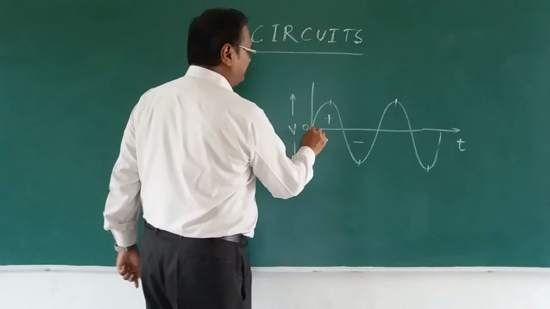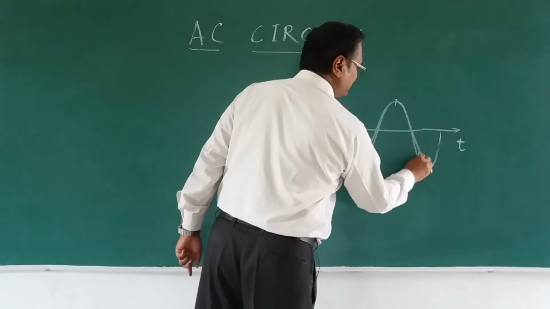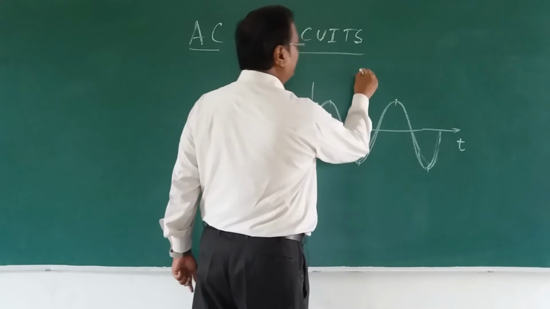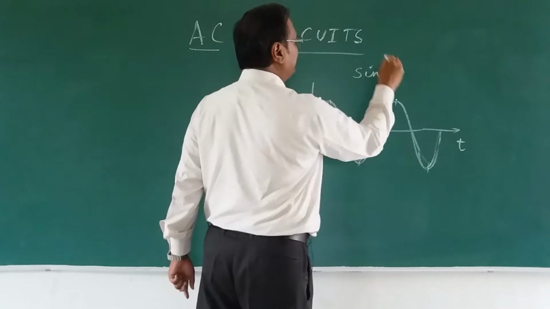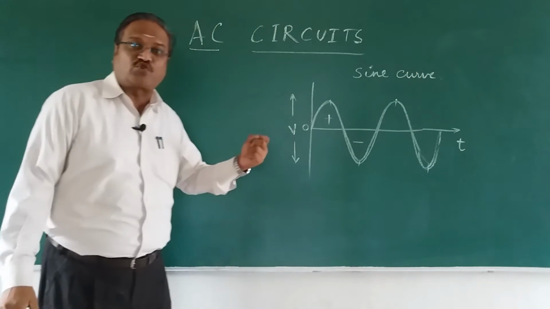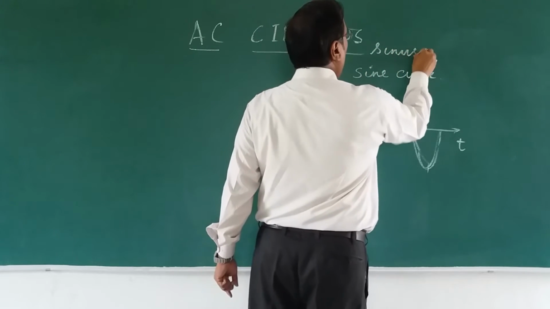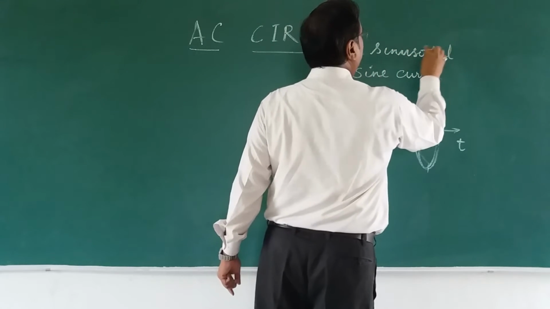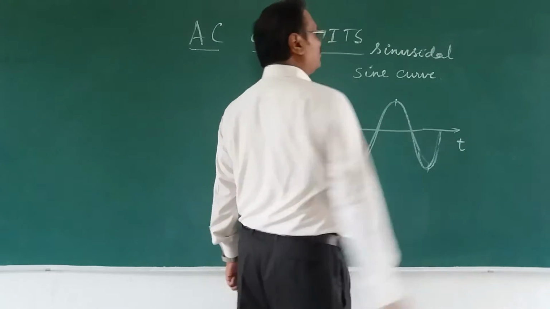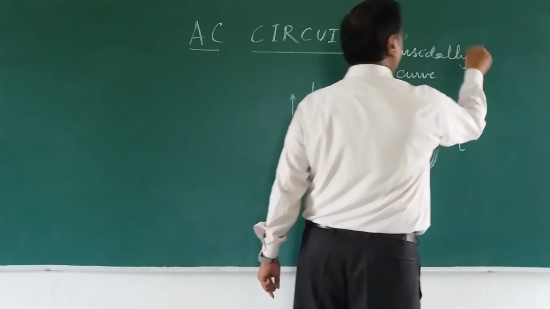This curve in mathematics is called a sine curve. Trigonometry you have studied. The wave is sinusoidal. It varies sinusoidally.